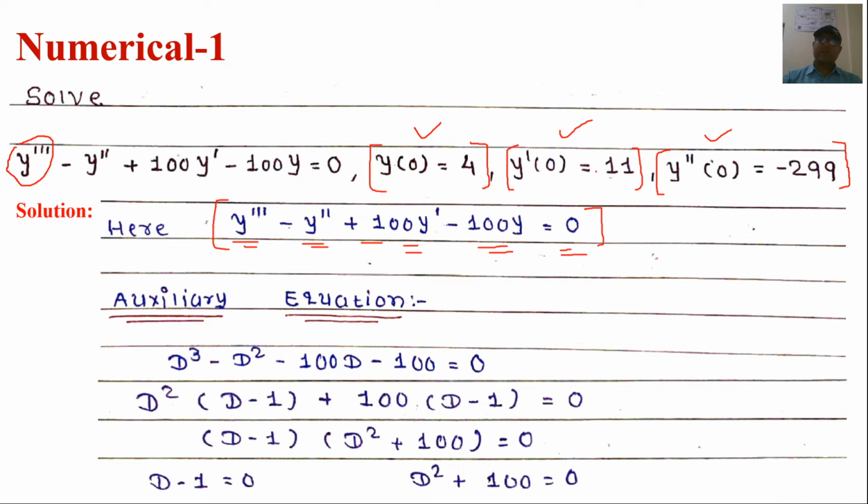Now let us first find the general solution, and then by using these three conditions we will find the particular solution. As we discussed in our previous session, first we have to write the auxiliary equation.